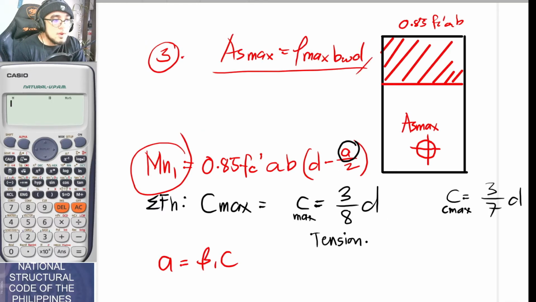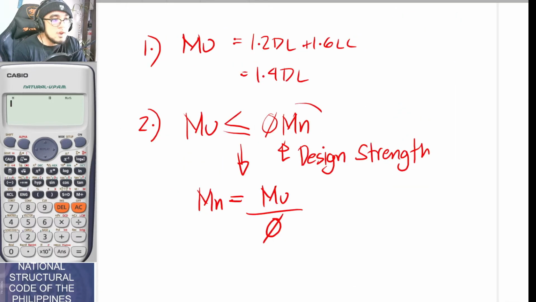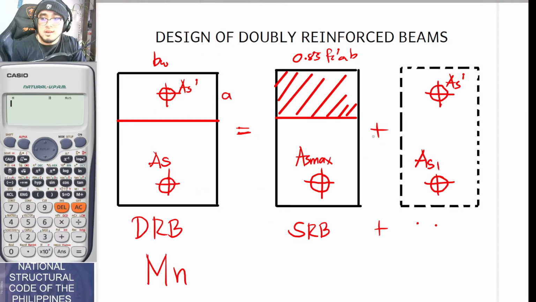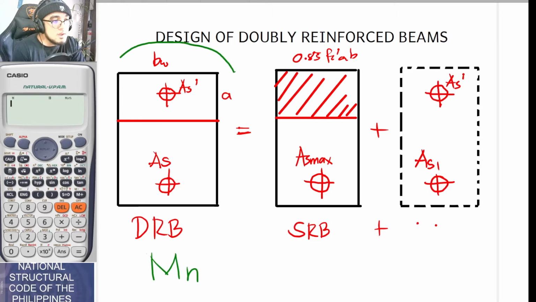Okay, so going back here, guys, at this figure, if this is to be the value for your MN, looking at the green ink, if this is the complete value for your MN, what that means is that this is the whole strength of your doubly reinforced beam.